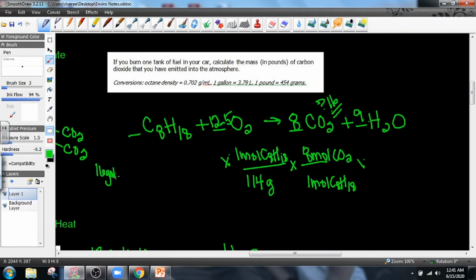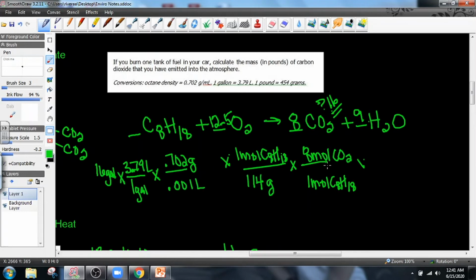I got to do way more work. 16 gallons. I need to turn gallons into liters. 1 gallon is 3.79 liters. And then I can use the density. What's the density of octane? 0.702 grams per milliliter, which is 0.001 liters.